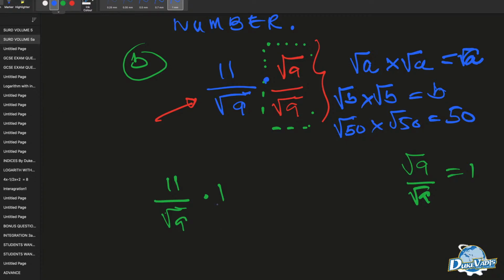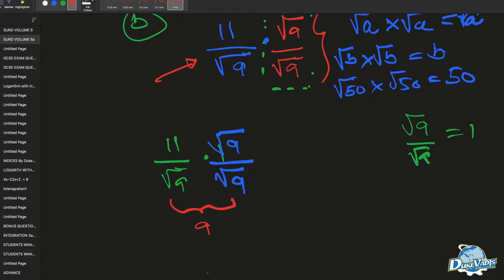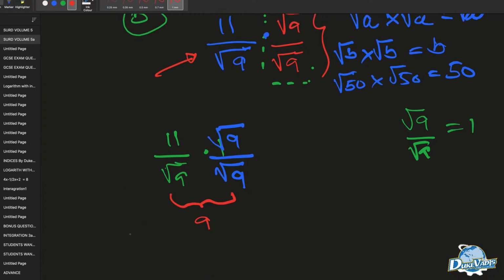Since I want to rationalize the denominator, I multiply the top by surd 9 and the bottom by surd 9, and the bottom gives me 9. So the answer is now 11 surd 9 over 9.